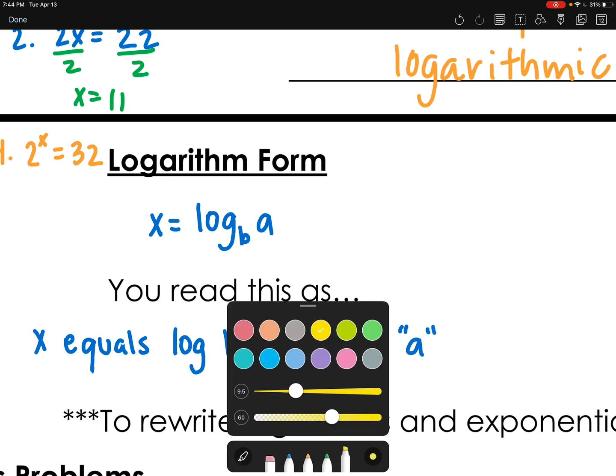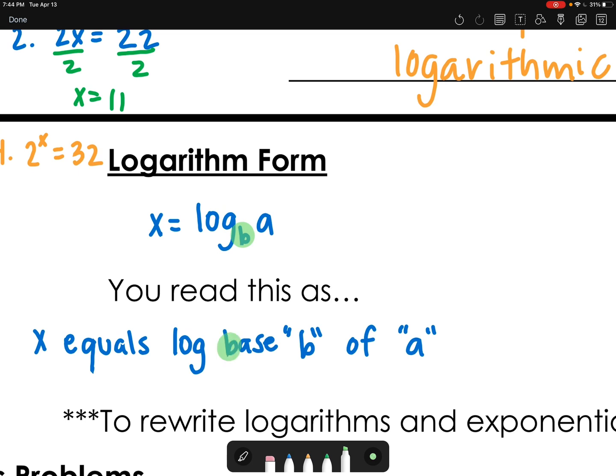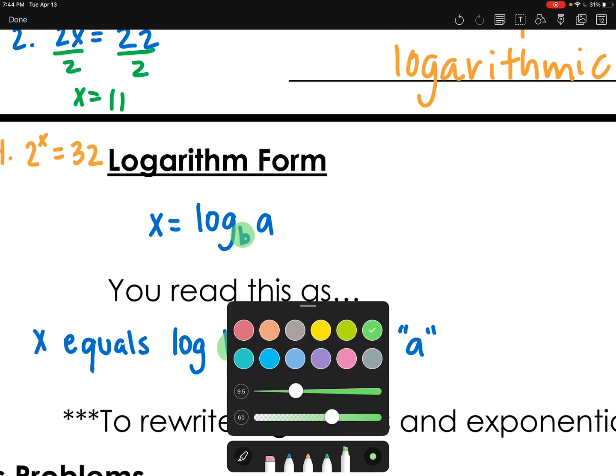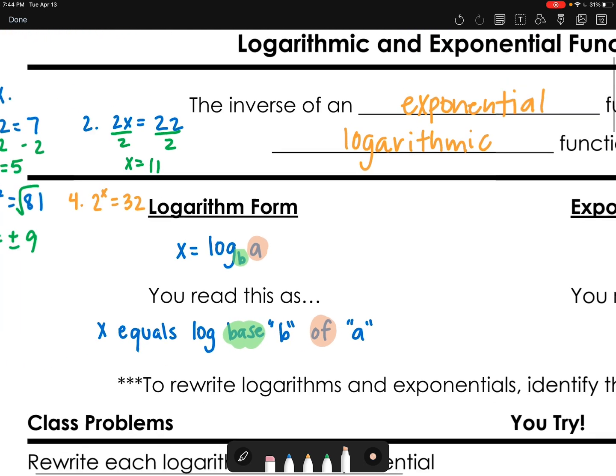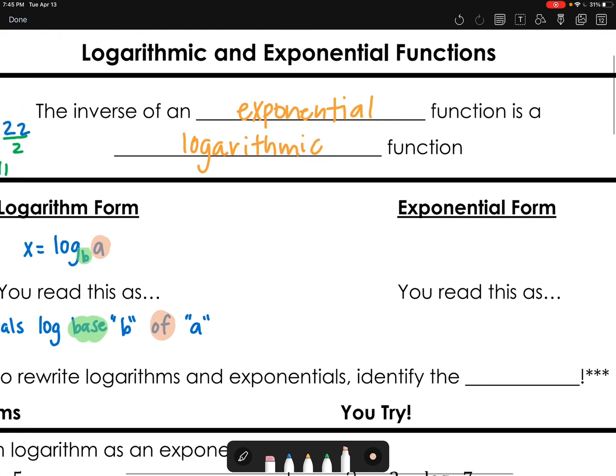This value down here is your base, and this a here is our of, is what I'm going to refer to it as. And then in exponential form, we have b to the x equals a.